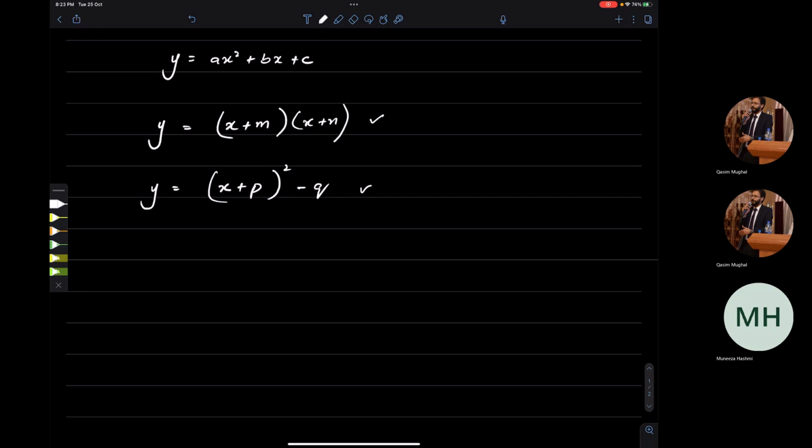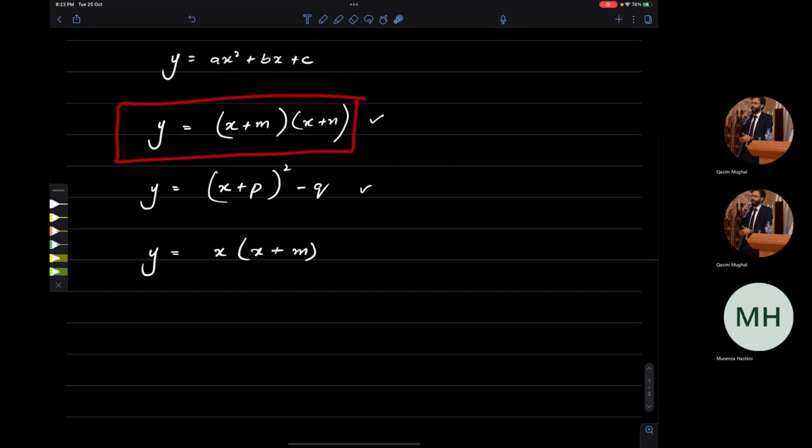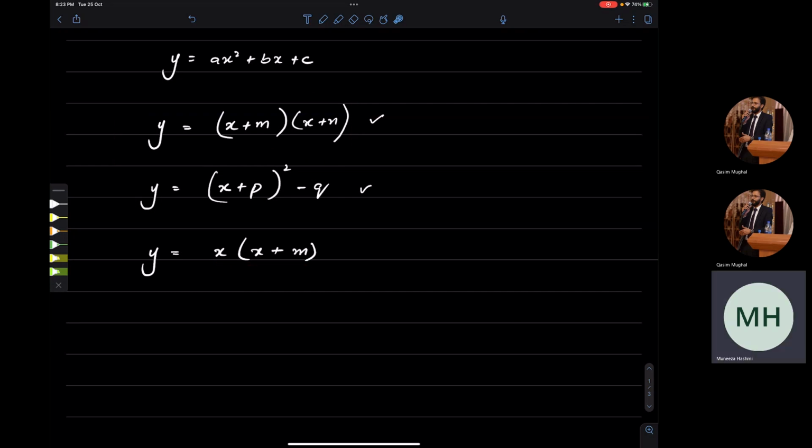You will have other forms as well, but you should be able to connect every other form with both of these. For example, let's say you have x times (x plus m). This is the same as the complete factor form.